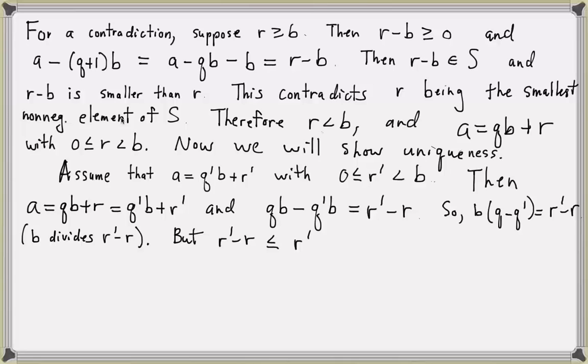Because if R prime minus a non-negative number, R, will be less than or equal to R prime by itself, but we assumed R prime is less than B. So I've shown that R prime minus R is strictly less than B, and I will show that R prime minus R is strictly greater than negative B. So negative B is less than negative R, and if I add R prime, which is non-negative, negative R will be less than R prime minus R. So let's combine these two inequalities.